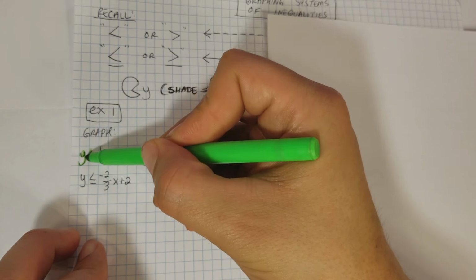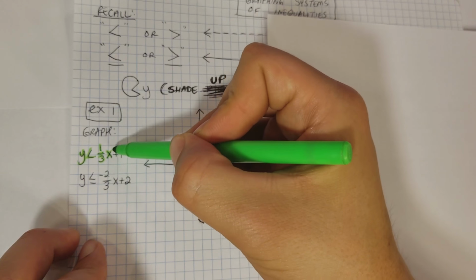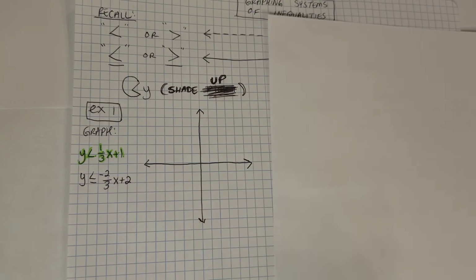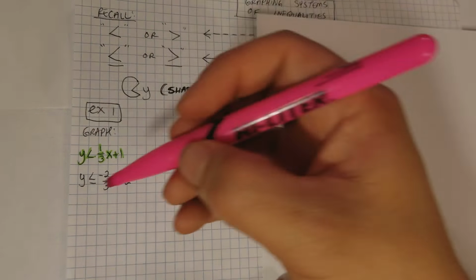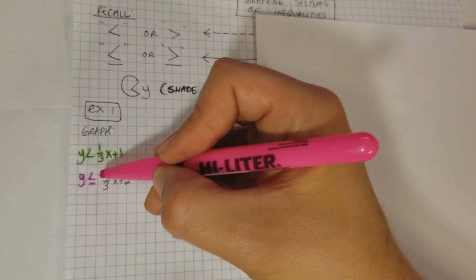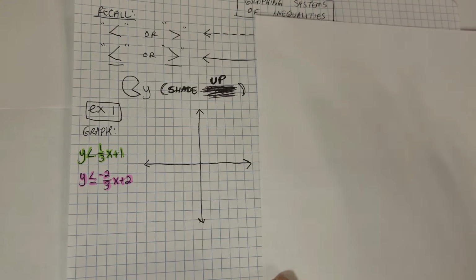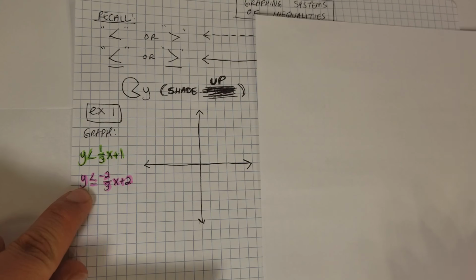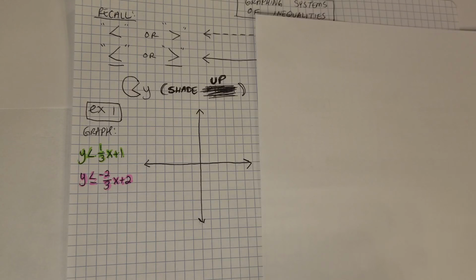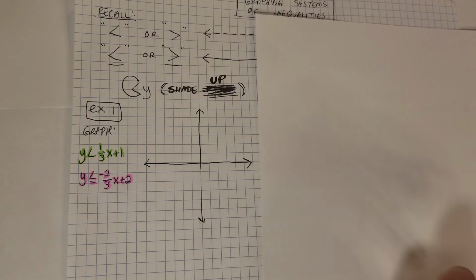The first one is y is less than 1 over 3x plus 1. And then we have another equation that we want to graph: y is less than or equal to negative 2 over 3x plus 2. This is called a system of inequalities because we have more than one. We actually have 2, so we have to graph both of those on the same graph.